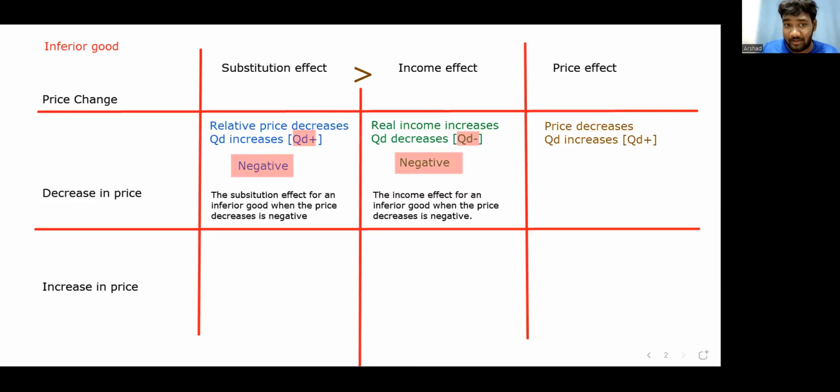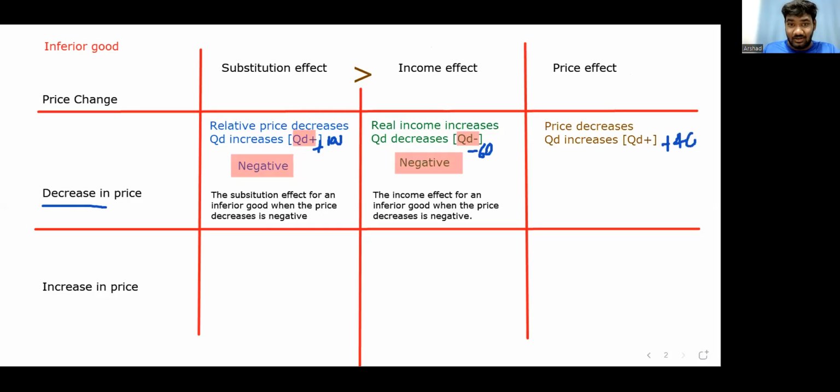So let me show you what would have happened, right? What would have happened over here is a very interesting story. When the price of the good decreased, according to the substitution effect, the quantity demanded would have increased by, let's say, 100. But according to the income effect, quantity demanded would have decreased only by, for example, 60. So overall, the price effect is a plus 40.